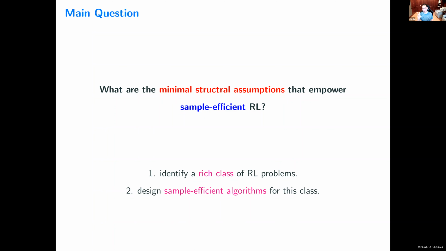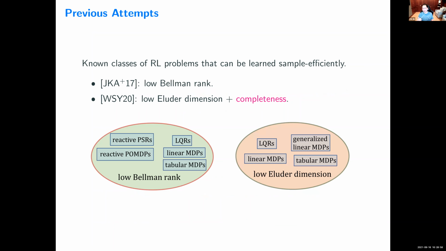Okay, I'm going to talk about two parts. One is about the function class, the class of reinforcement learning problems. The second is about sample efficient algorithms. So we can first look at the previous attempts. There are several known classes of reinforcement learning problems that we already know can be learned efficiently.